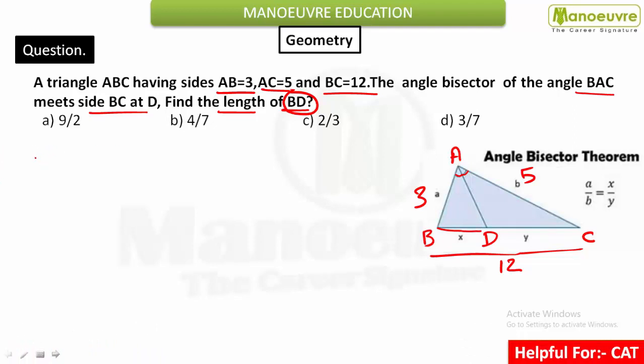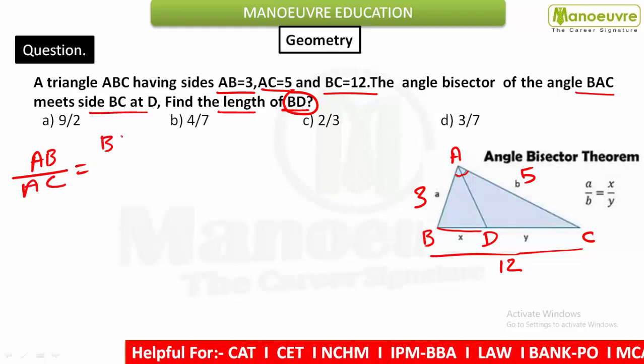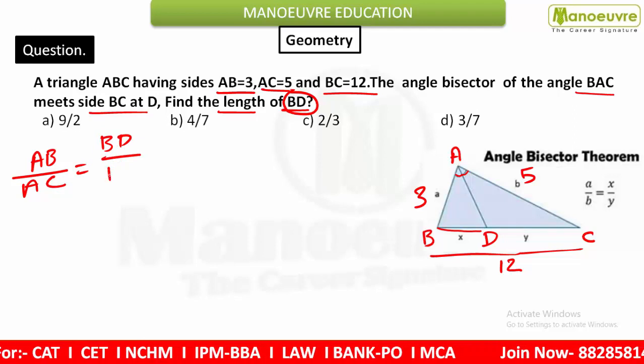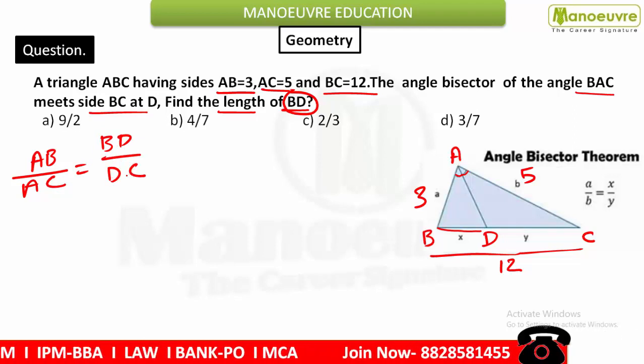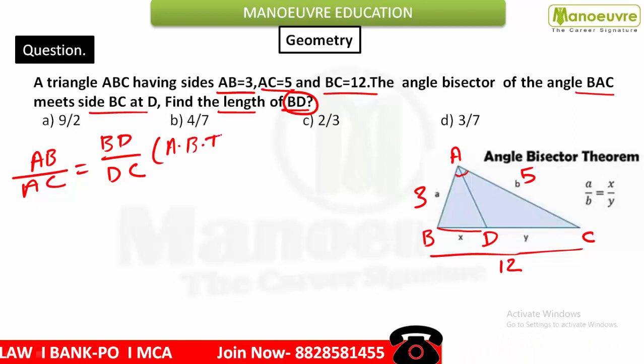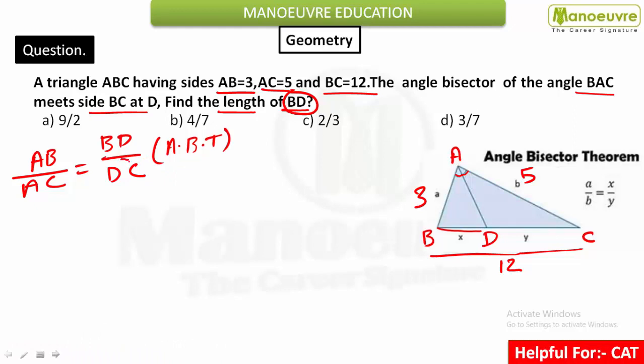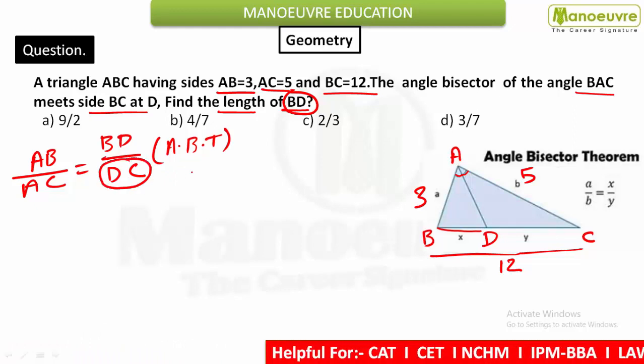So I can write AB upon AC is equal to BD upon DC. Is it correct? The angle bisector theorem says this. So now if you want to find BD, you have to convert this term into BD.